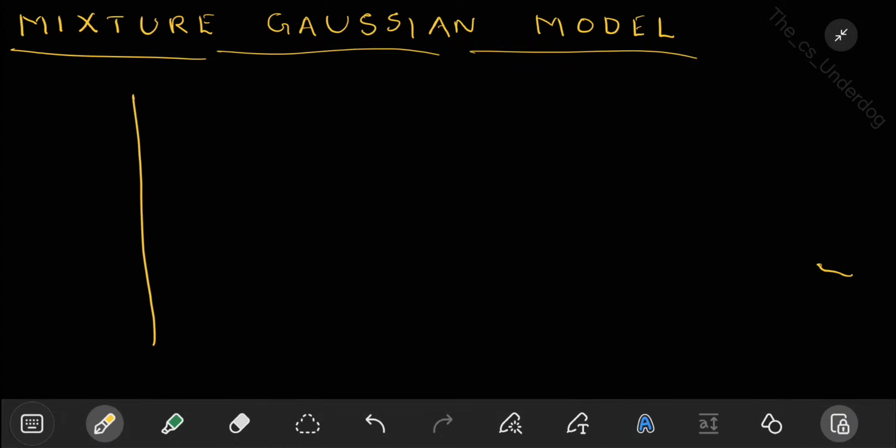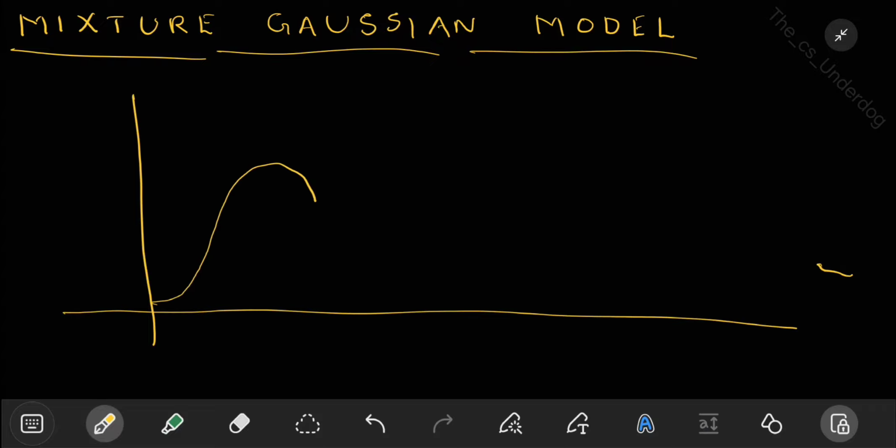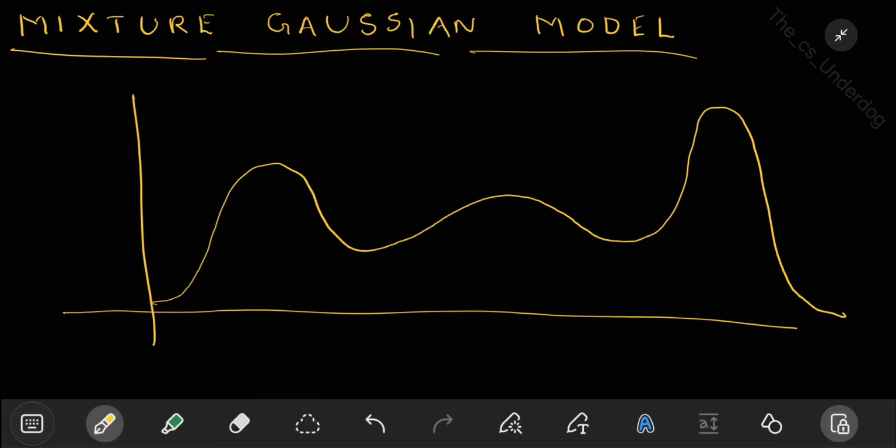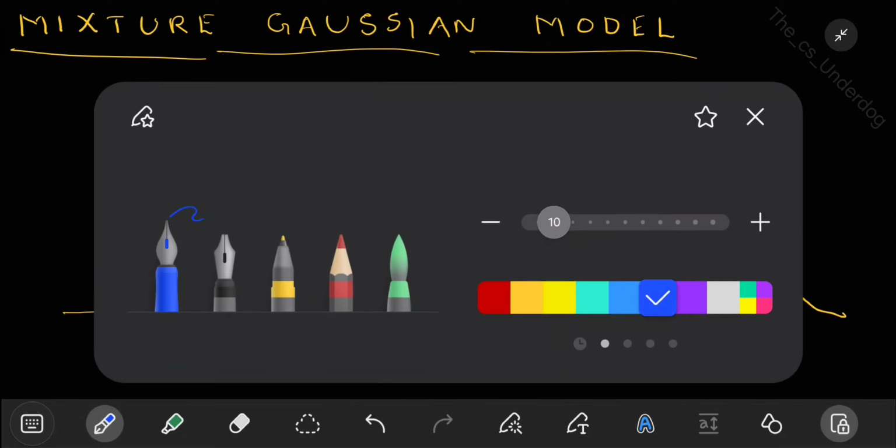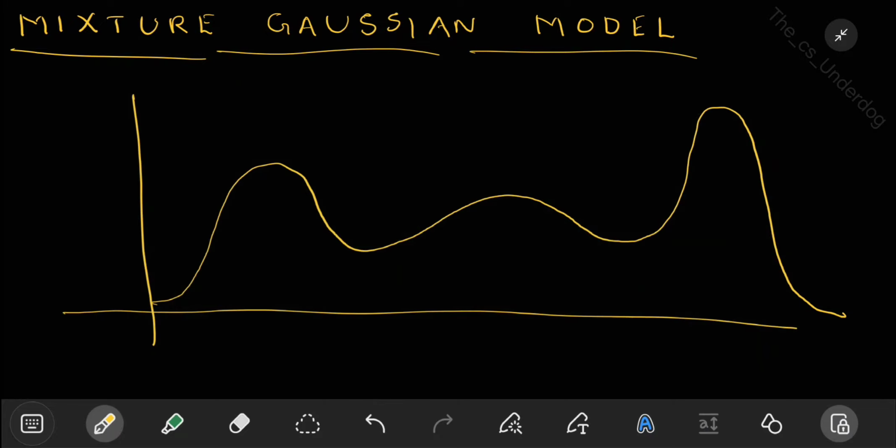This is my actual distribution. Let me write P here. When I tried to approximate P using a single Gaussian distribution, it looked something like this. This is what it looked like when I tried to approximate P using a Gaussian, and I called it Q.